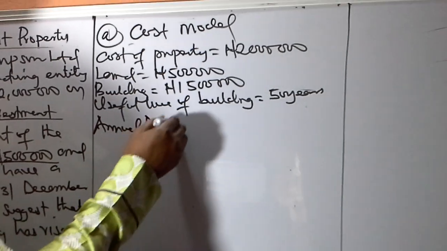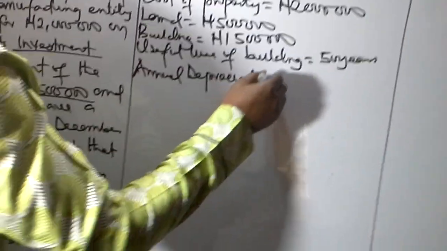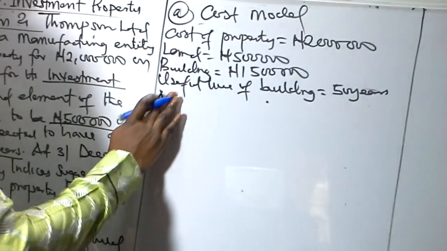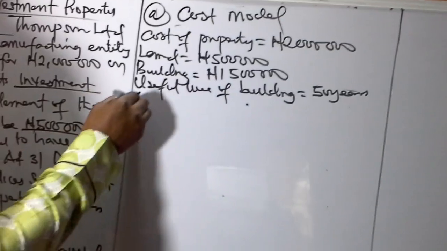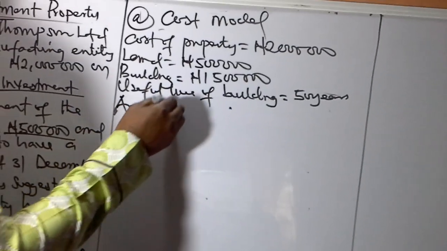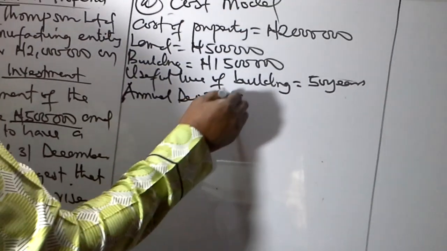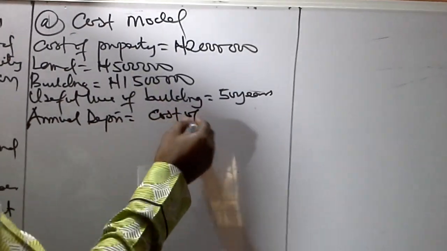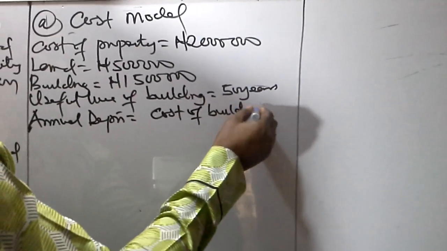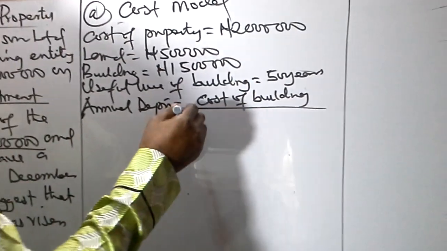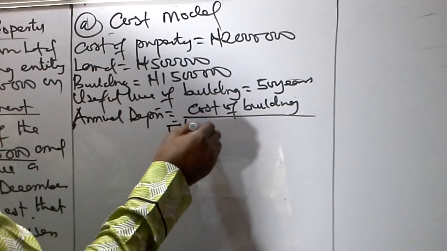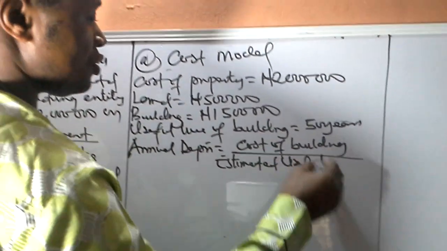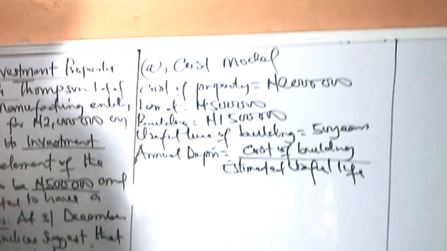Your annual depreciation is the cost of the building over the estimated useful life.